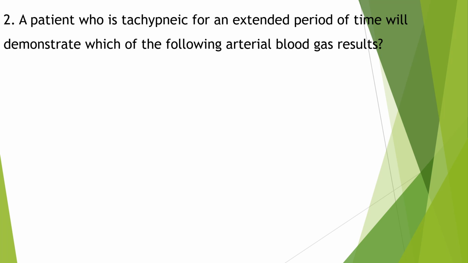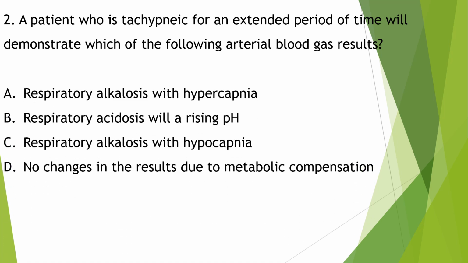A patient who is tachypneic for an extended period of time will demonstrate which of the following ABG results: respiratory alkalosis with hypercapnia, respiratory acidosis with a rising pH, respiratory alkalosis with hypocapnia, no changes in the results due to metabolic compensation. So the patient was having tachypnea for an extended period of time.